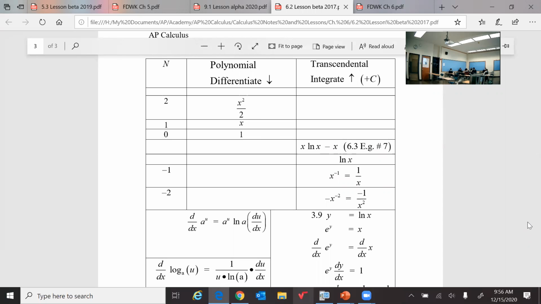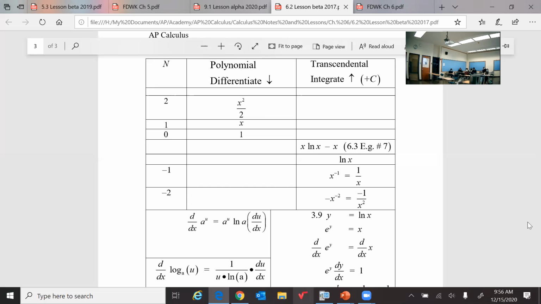Differentiate that, you get 1. The derivative of that's a 0. So how do you go to the negatives? If I go negatives working up, I have negative x and a negative 2. That's the derivative of 1 over x. That's x to the negative 1, which will give you negative x to the negative 2. When you move up, you will get from there to there.